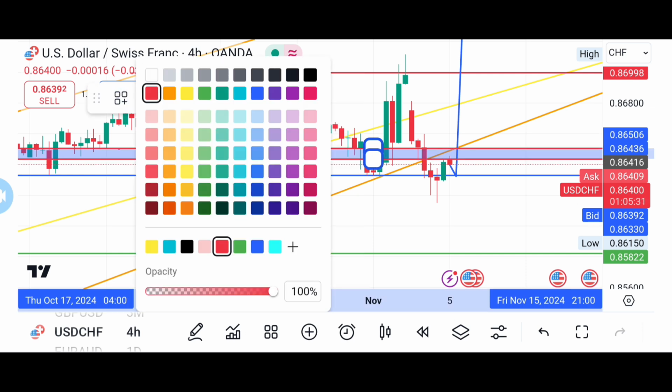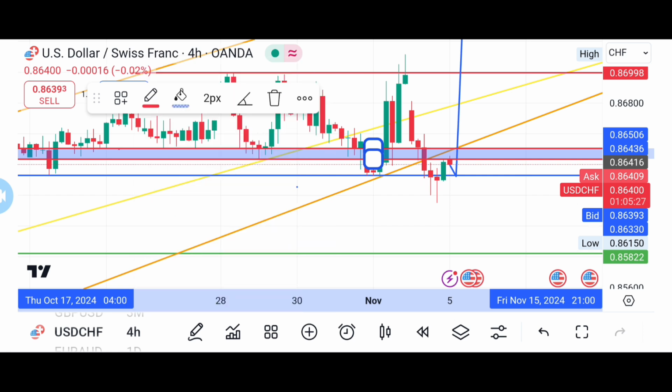And you know the resistance, I usually like to present it with a red line or a red box like that.